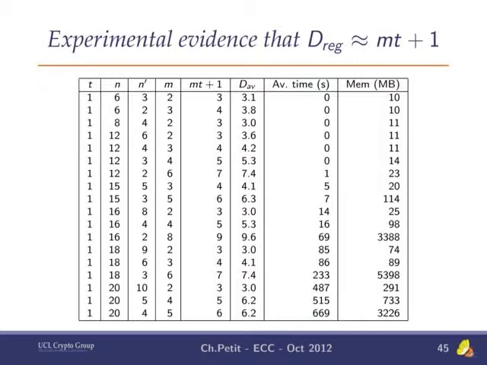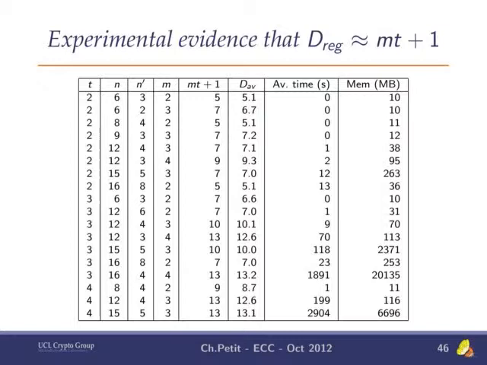In this column you see mt plus 1, which is the point I'm trying to make: the value that I would say is a good approximation. You see that it's not that bad, especially if you think that for a generic system it would be n times that. Here you have only polynomials of degree t equal to 1; more data for t equal to 2, 3, or 4 also shows that it seems reasonable.